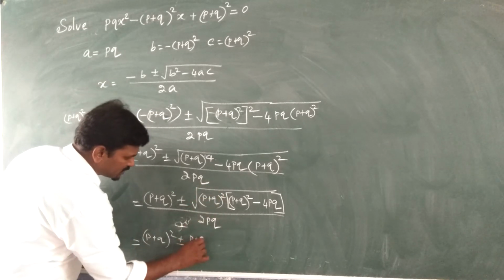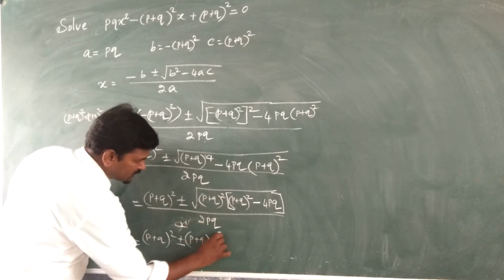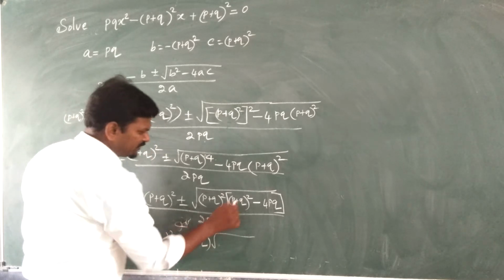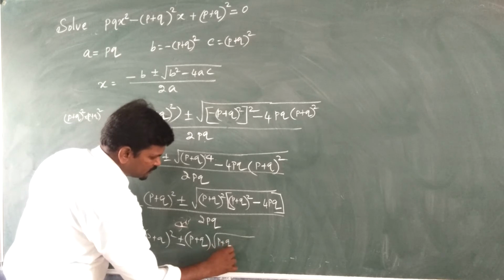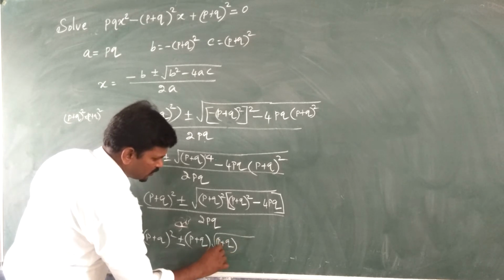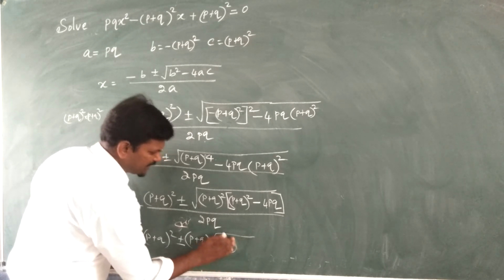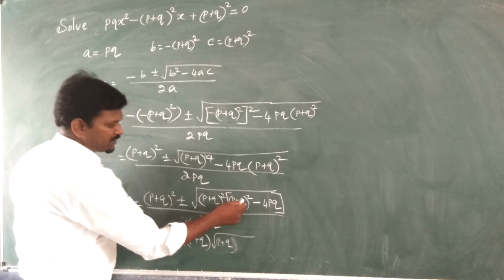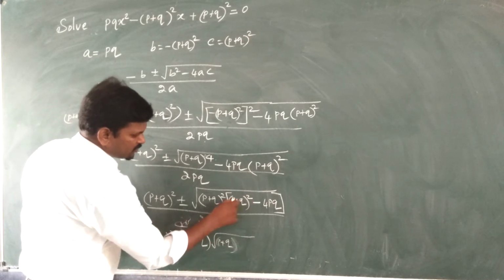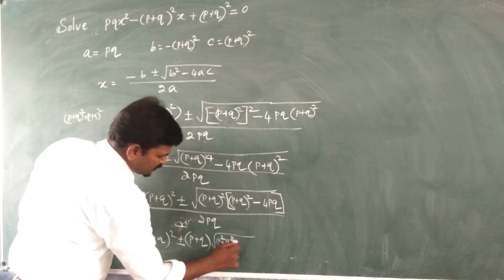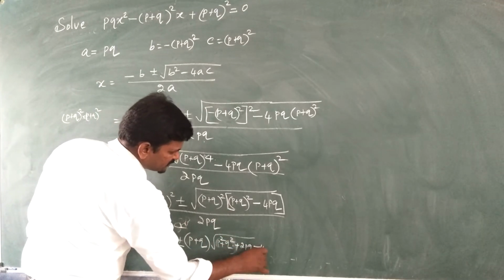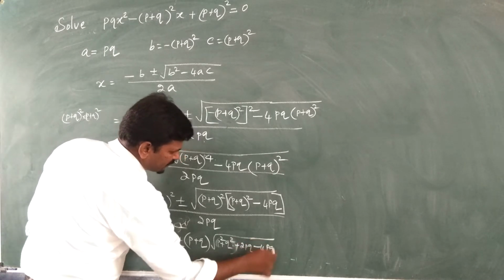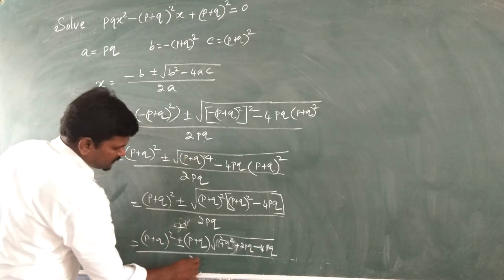So p plus q into the square root of this. We can expand this: p square plus q square plus 2pq minus 4pq, by 2pq.